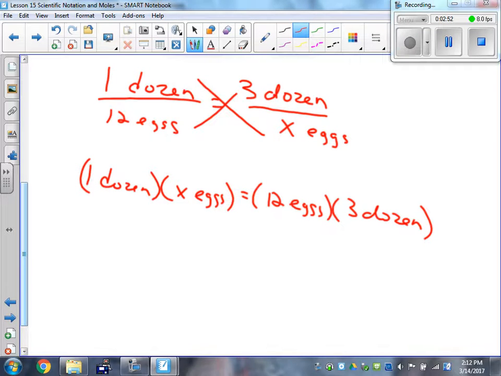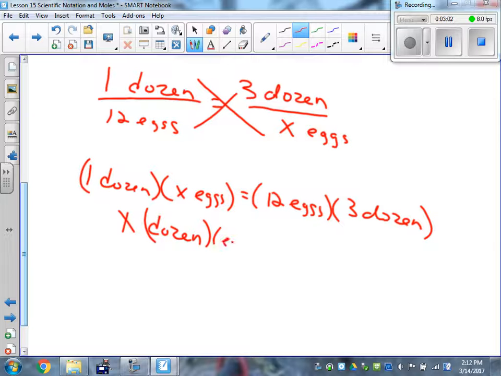So I got 1 dozen times x, basically x dozen, and eggs here. On this side I got 12 times 3, which is 36, eggs and dozen. Now, how do you get x by itself?